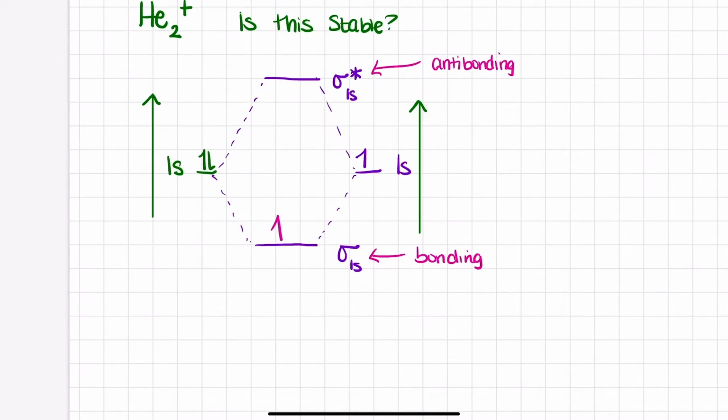I'm going to combine my electrons, 1, 2, and 3. I'm going to determine my bond order. 2 bonding electrons minus 1 anti-bonding electron divided by 2 gives me a bond order of 1/2. What that means is that it's greater than 0. It could actually exist. It's a half a bond between them.